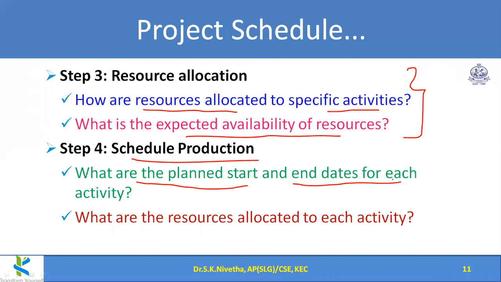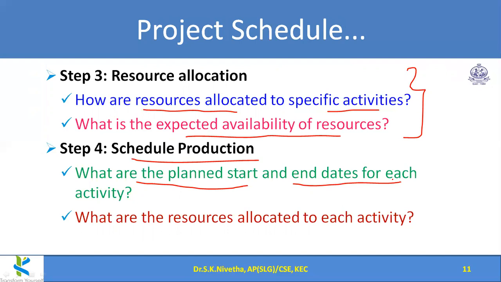Once activities are listed out and the relationships between the activities are finalized, which should be completed first and which next, then which activity requires how much resource is also finalized, and the risk associated with each activity is also fine. That is the ideal plan, and it should also be considered.